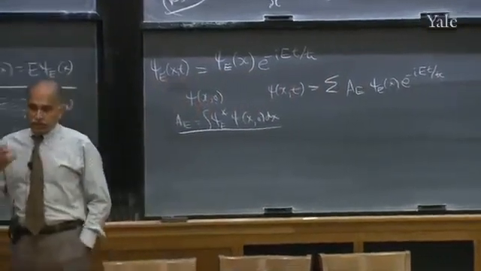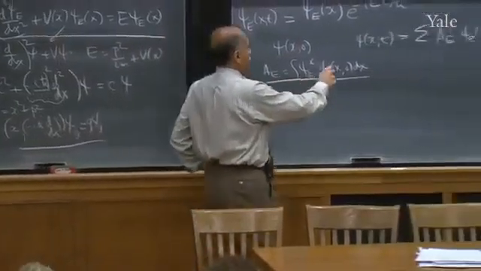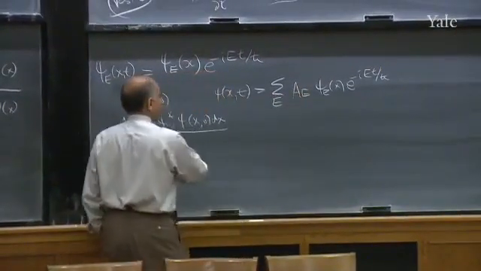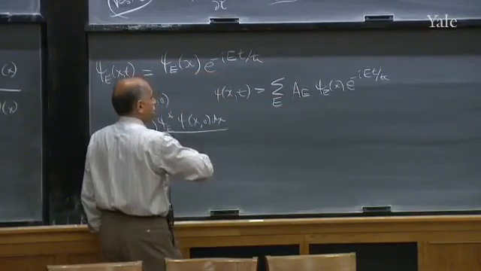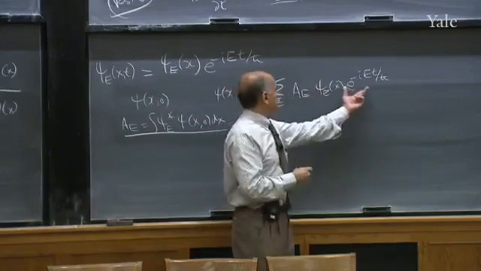In other words, if you take your initial state and expand it, as a sum over states of definite energy with some coefficients you compute at t equal to 0, then at any future time, the coefficients are given by simply the initial coefficients times this factor.